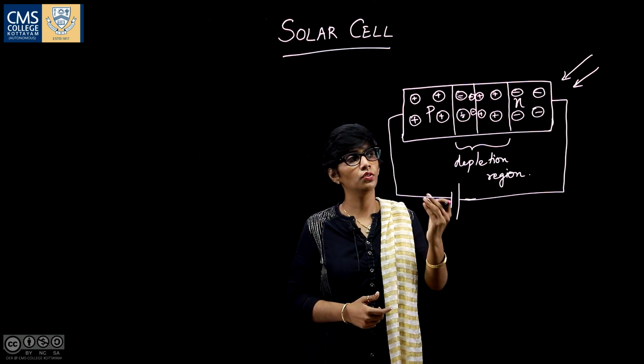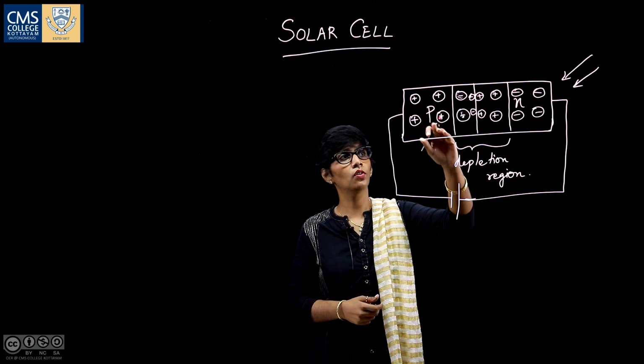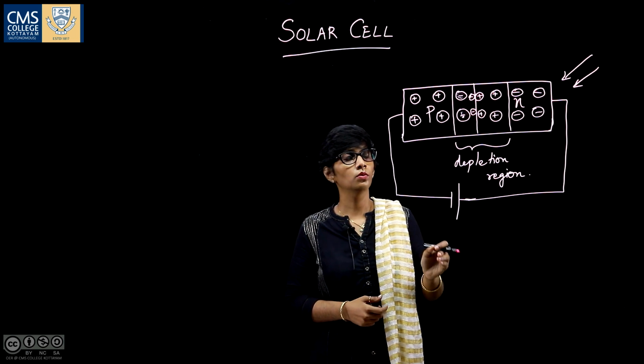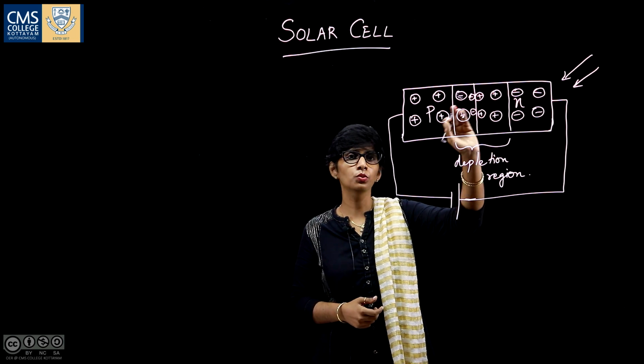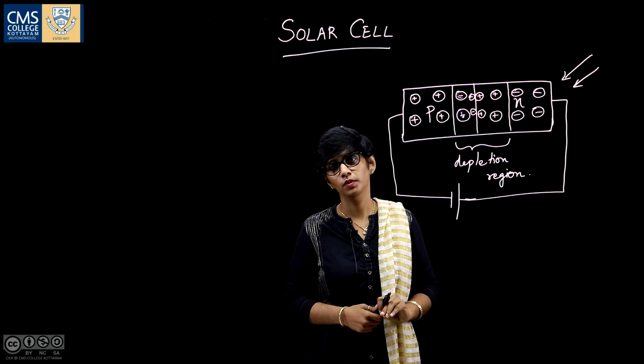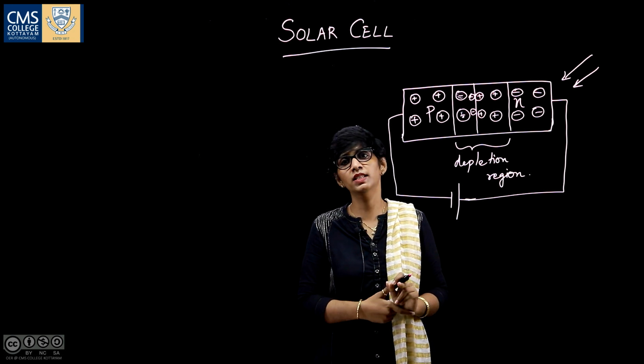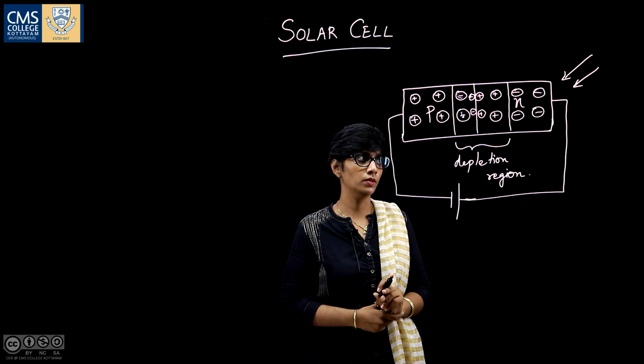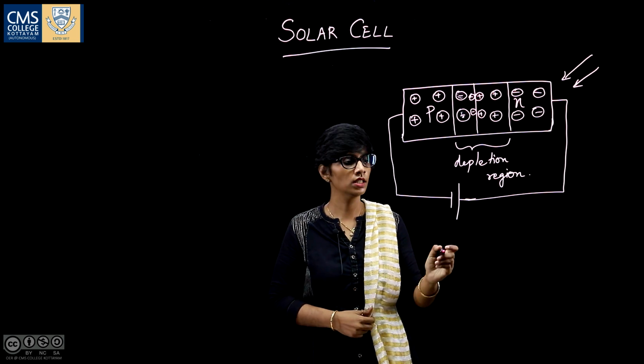Excess electrons are created and they cross the junction, and they start moving to the positive side of the battery. So an external current starts flowing through the circuit, and this current is called photocurrent.